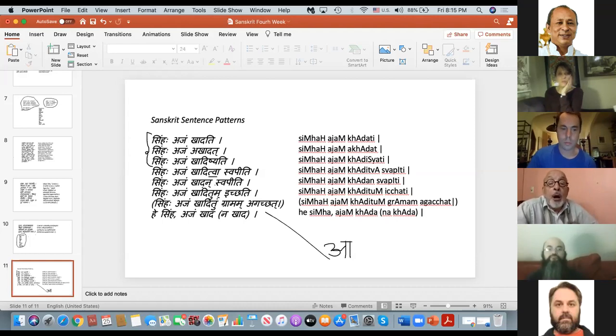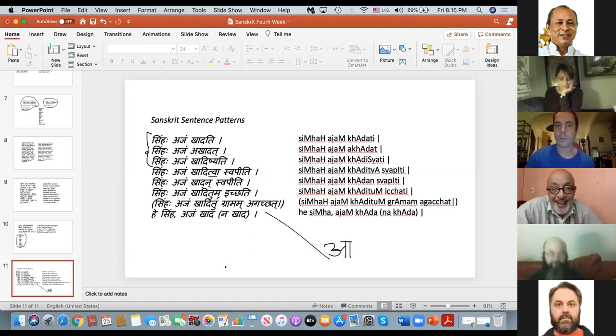But here, Simha ajam khaditum ichati, if you say in order to, it doesn't make sense. Lion in order to, likes, no. So to eat. The lion went to the village to eat the goat.